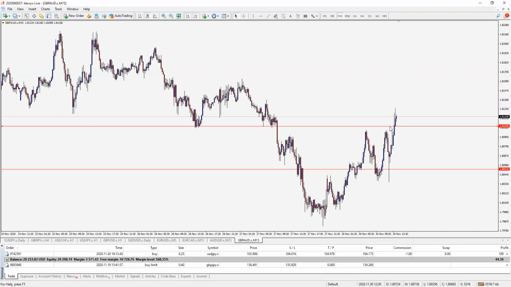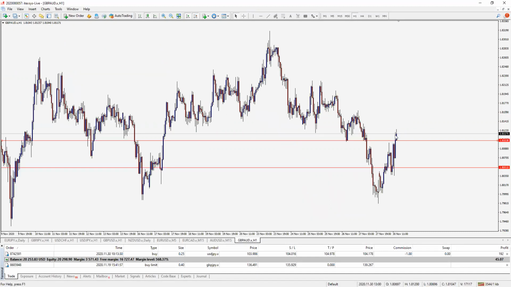Whether I would take some profit or the price would trigger my stop loss, I don't know. But for now, nothing to do here. It's too risky to sell. It's too risky to buy, of course. Let the price create new levels or let the price reach new levels.